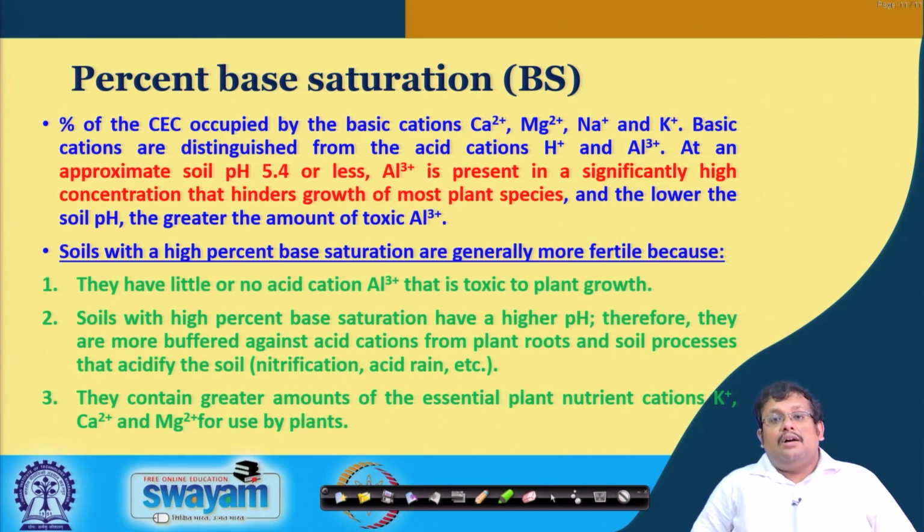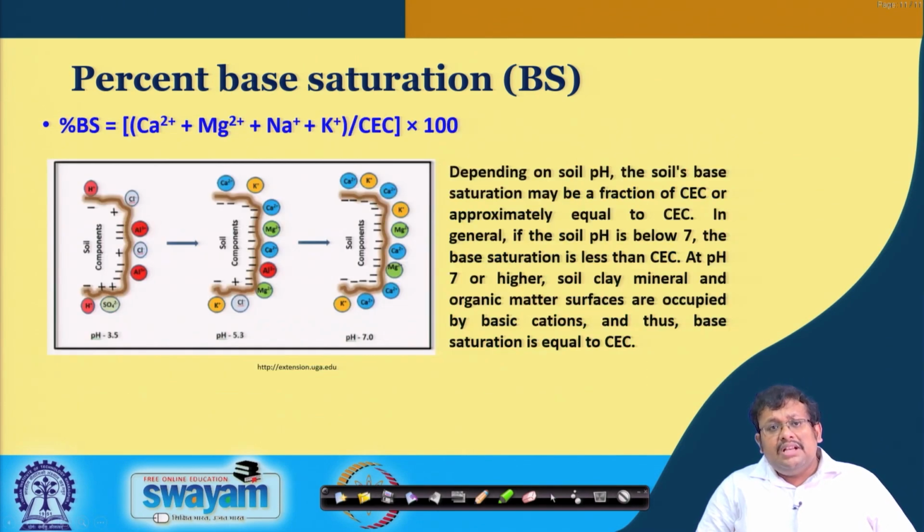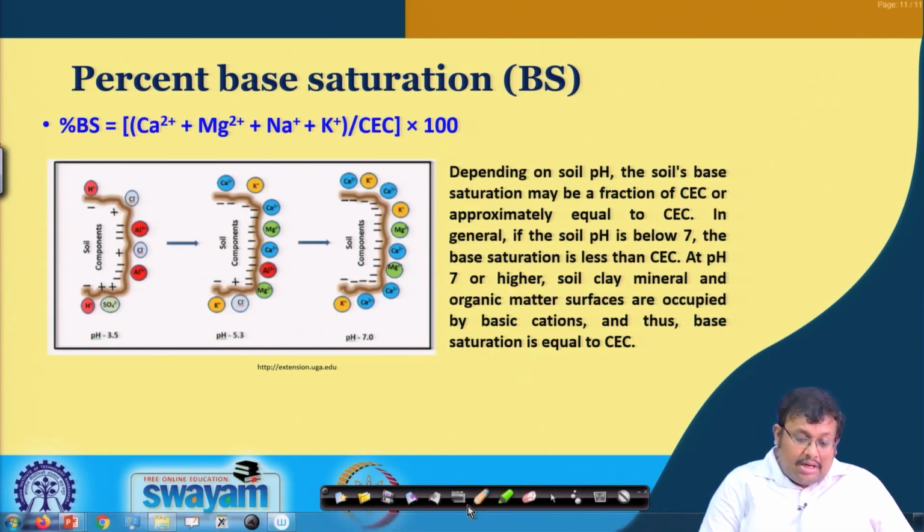Secondly, soils with high percent base saturation also have high pH, therefore they are more buffered against acidic cations and also against acid forming processes like nitrification, acid rain, etc. And thirdly, they contain greater amounts of essential plant nutrient cations like potassium, calcium and magnesium for the use of the plants. Now, let us see how to calculate the percent base saturation.